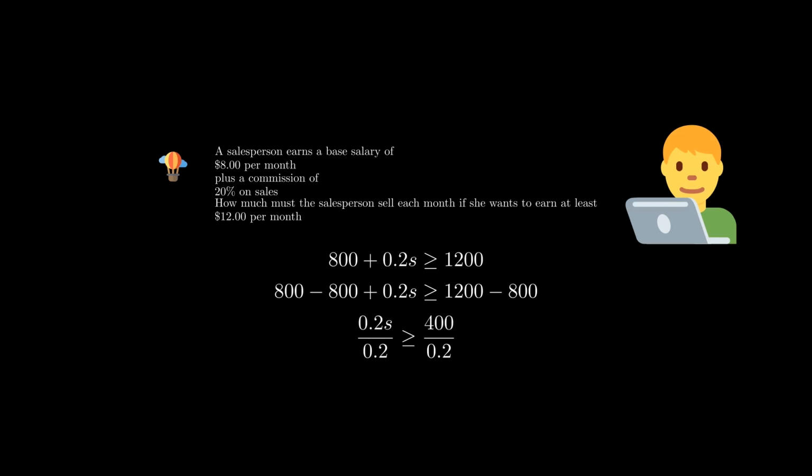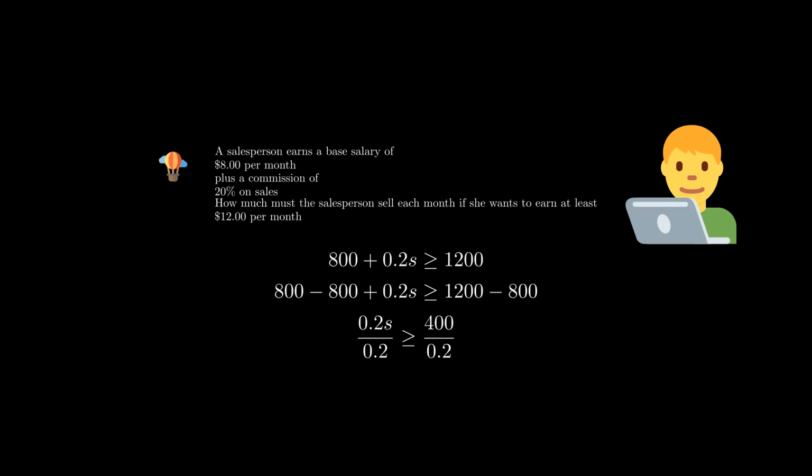Now to solve for s, we divide both sides by 0.2. This step helps us isolate s on one side of the inequality. And the inequality becomes 0.2s divided by 0.2 greater than or equal to 400 divided by 0.2.